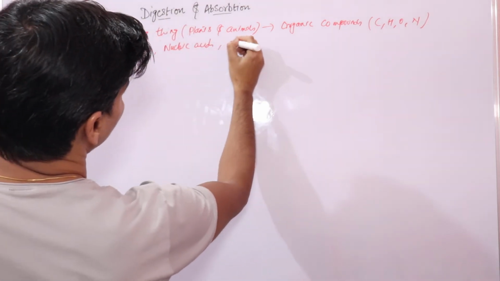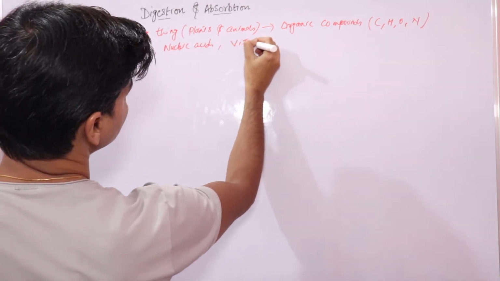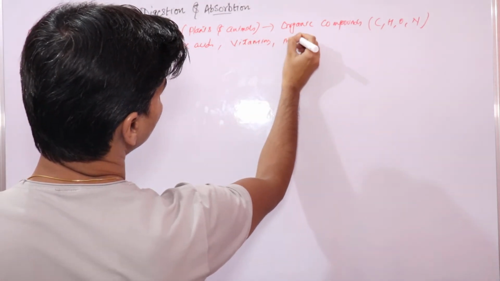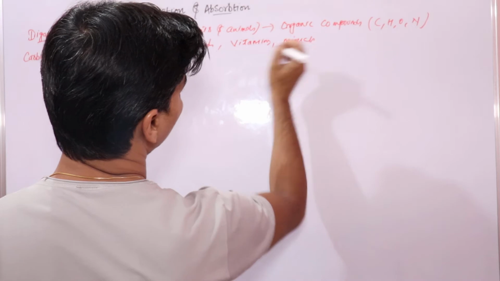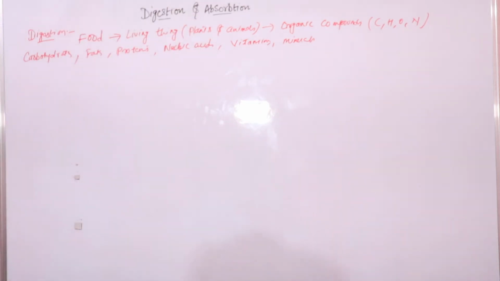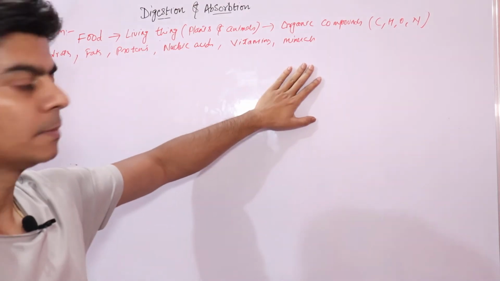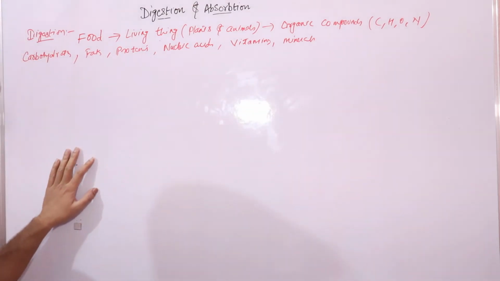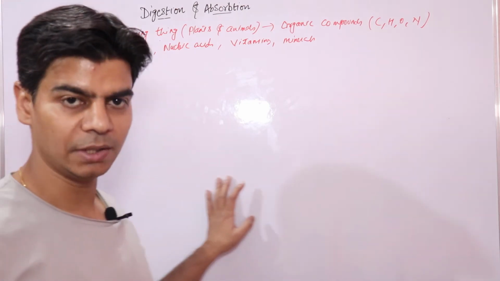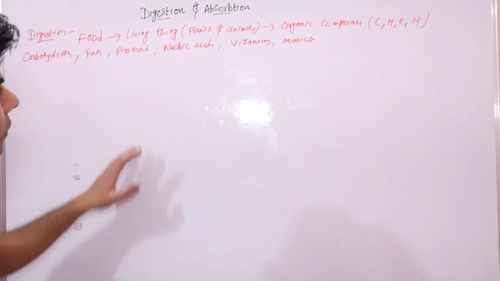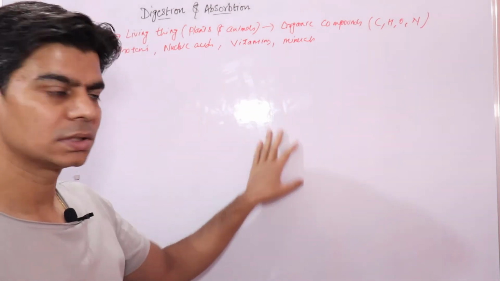So we have vitamins, right, minerals also, right? Now we need to understand which of these foods we need to digest, right? And what exactly we mean when we say we need to digest food, right? And which of these doesn't require digestion.